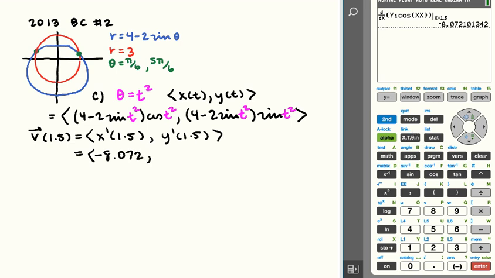And then when I go to find the derivative of y at 1.5, I'm going to do the same thing. I'm even just going to push second enter, which just copies down what you'd written before. The only thing I really want to change is that cosine needs to become a sine, because y is r sine theta. So I come back in here, I click enter, and I get negative 1.673.